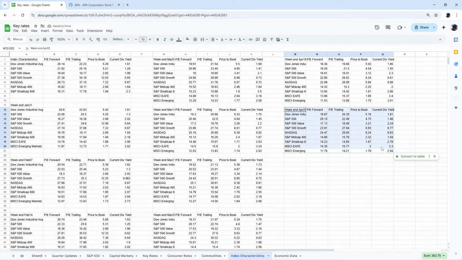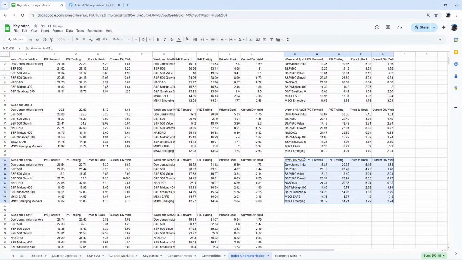Okay. Our index characteristics. Okay, 1944. It was almost 1738. Oh man.